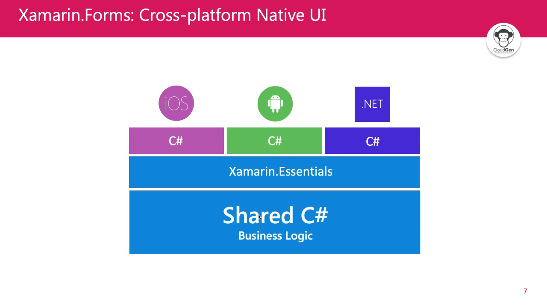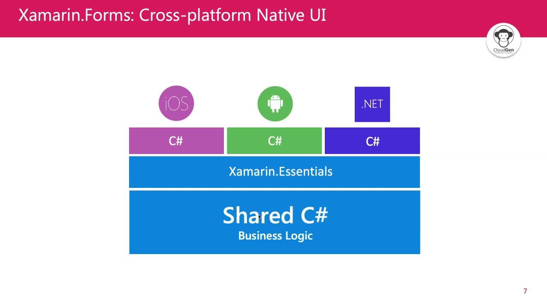And if you want to customize it, you would like to write platform-specific code for an activity or to create a different button in Android, you can do it using custom renderers, which means that you can write code in the Android project to modify the appearance or even the behavior if you would like to do it.